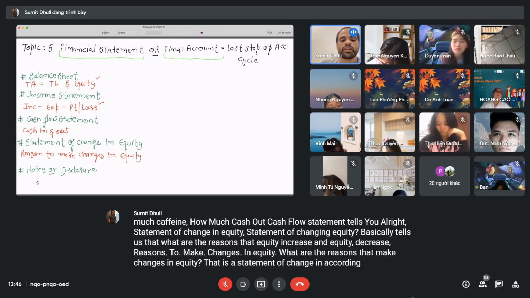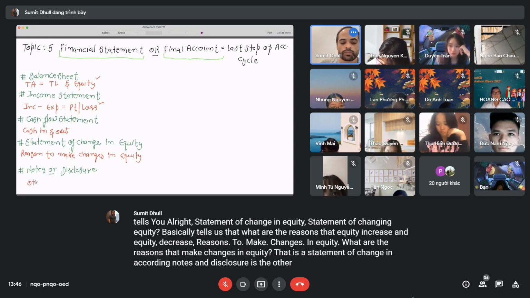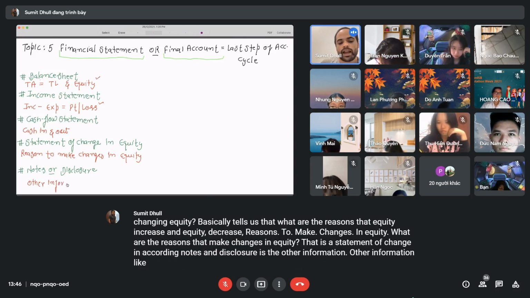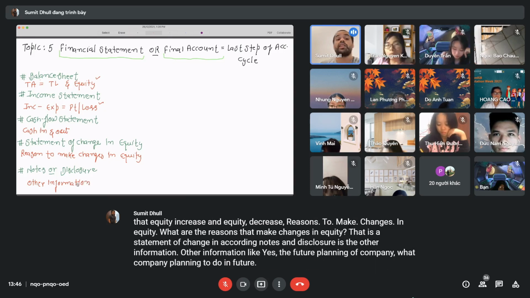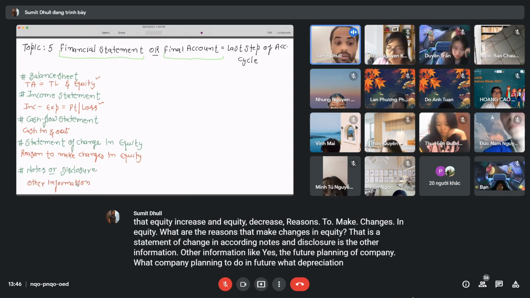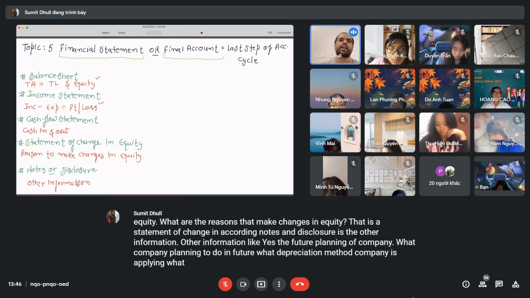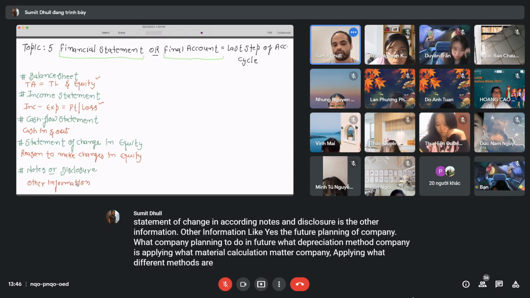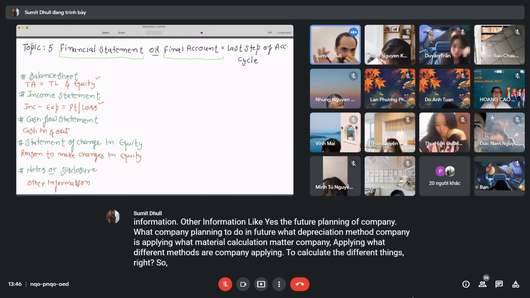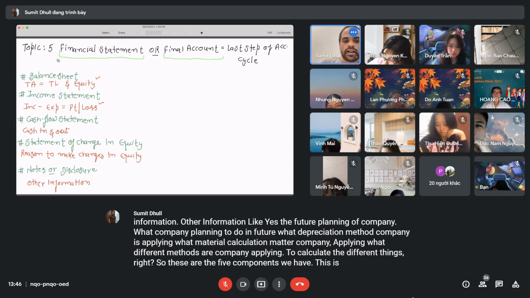Notes and disclosure is other information, like the future planning of the company, what depreciation method the company is applying, what material calculation method the company is applying, and what different methods it applies to calculate different things. So these are the 5 components. This is your financial statement.